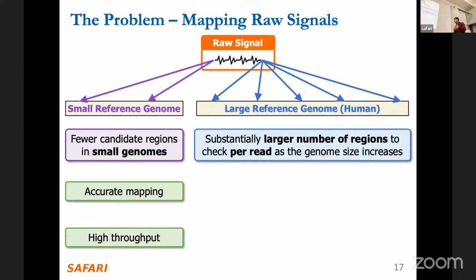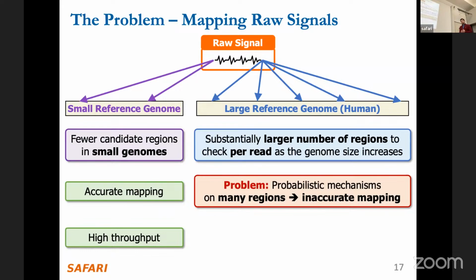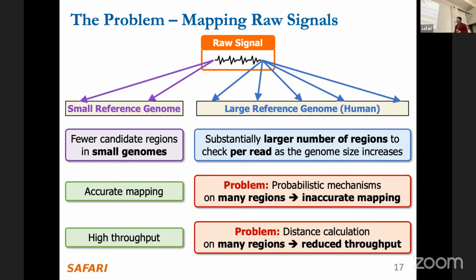But as you move to larger genomes, you start having a substantially larger number of regions to check per read as the genome size increases. This is very problematic because as you have many regions to check in the genome, this can confuse your computational mechanism, especially if it is based on probabilistic decisions or approaches. This can lead to inaccurate mapping.